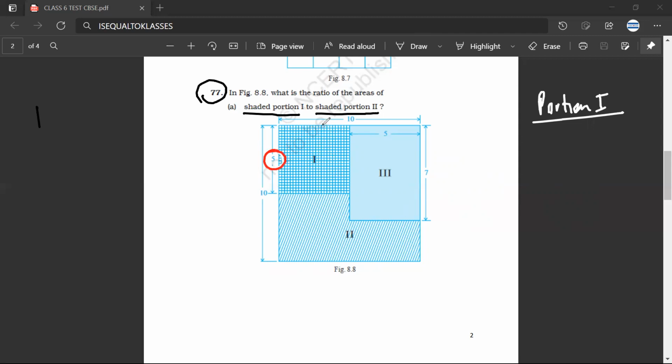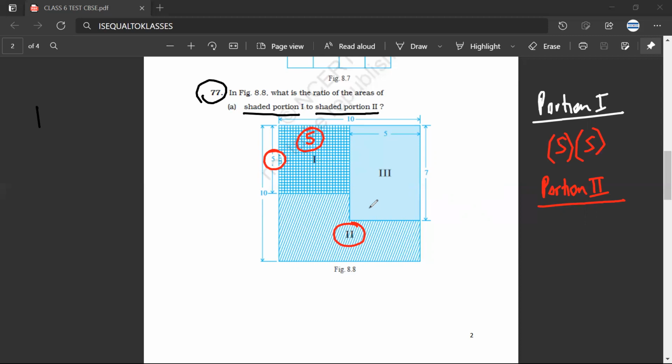Then we'll subtract 10 because area 3 is also coming. So we'll subtract 10. So 40 centimeters square. How do I find area of 2, Mr. Sarthak?